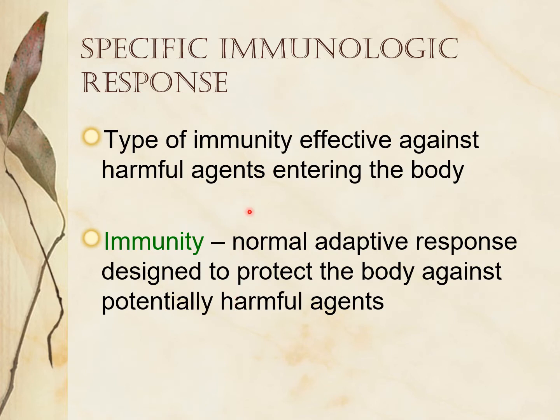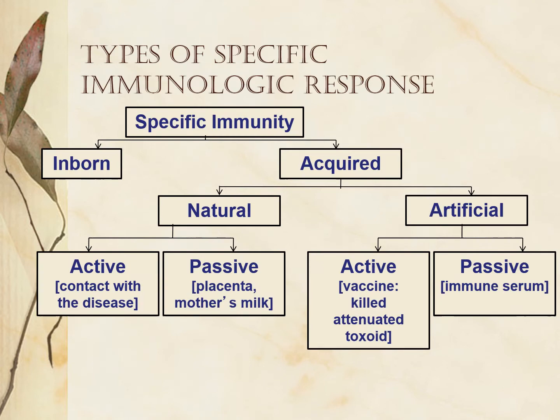The term immunity refers to the normal adaptive response designed to protect the body against potentially harmful agents like bacteria, viruses, and fungi. This is just a diagram of the types of specific immunologic response.